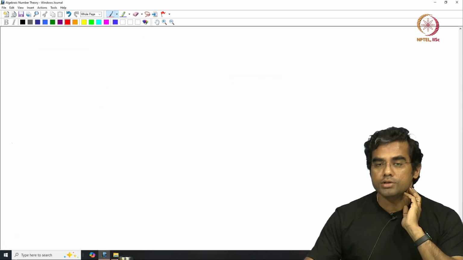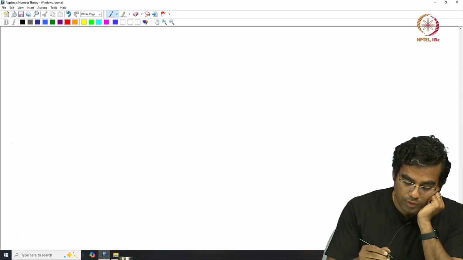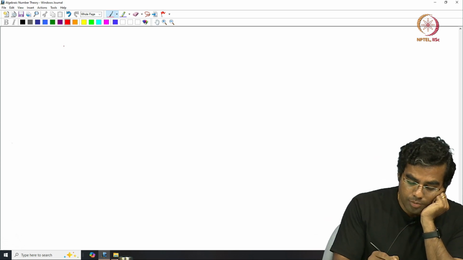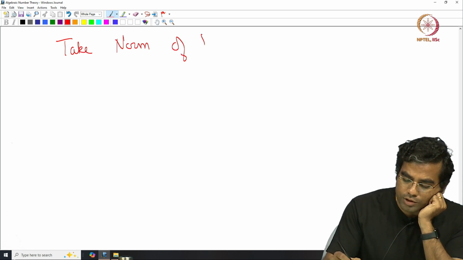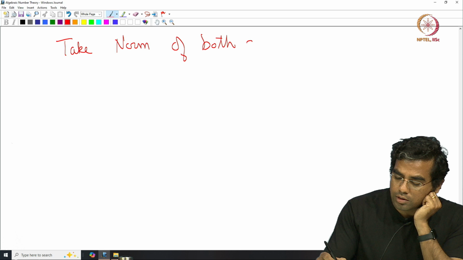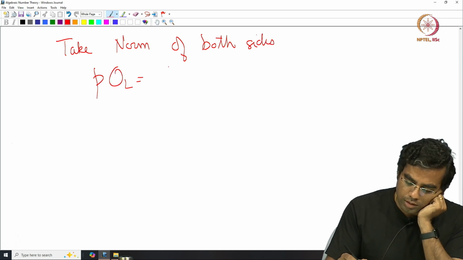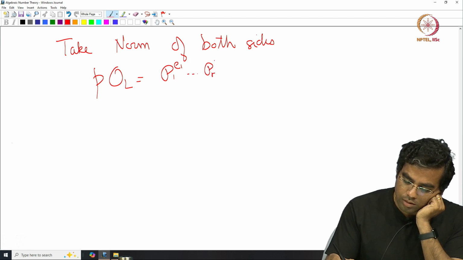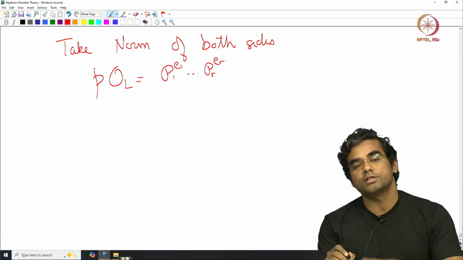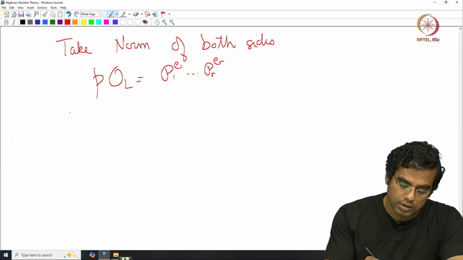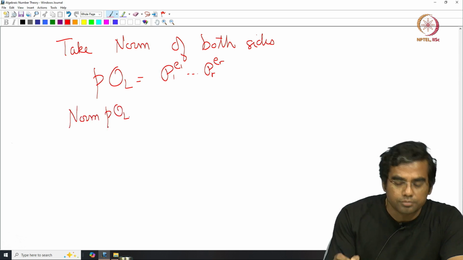Then what you do is you take the norm of both sides, and because it is on another page, let me rewrite it here. We are calculating the norm of the same thing in two different ways. So, what is the norm of P OL?